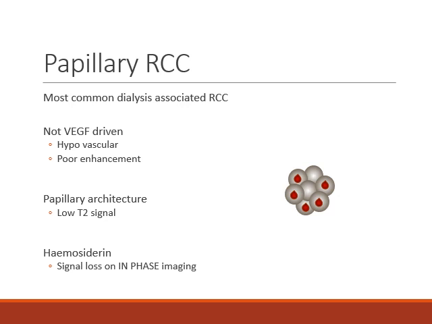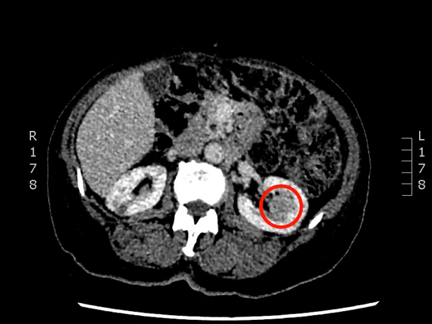So a lot of these things are the opposite to clear cell RCC. This here is a nice example of a papillary RCC from a recent MDT at my current trust, and you can see nicely how the kidney is enhancing whereas the lesion is not.